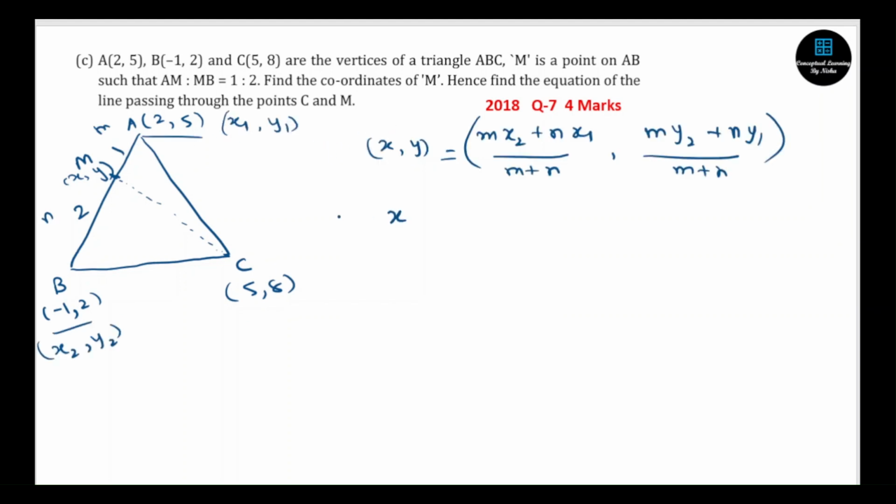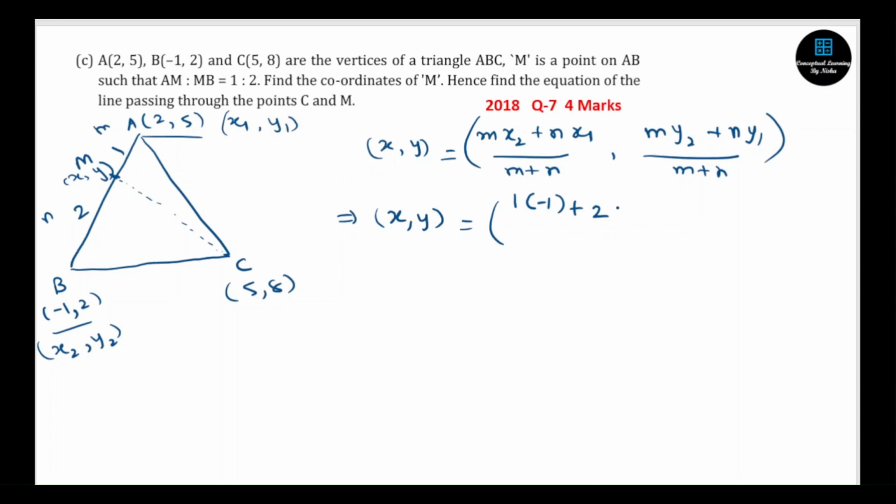We have to find this. So x, y equals, let's put the values. m is 1, x2 is -1. Put the correct values, okay? Very common mistake, children not putting the correct values. So don't jumble up x1 and x2, y1 and y2, okay?